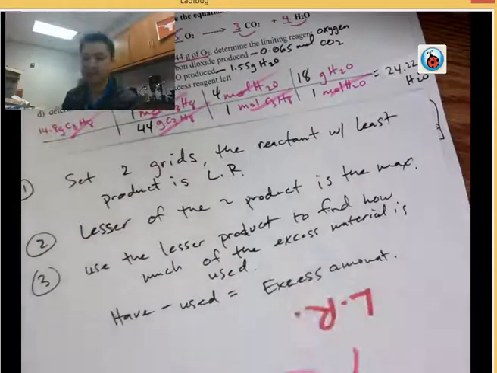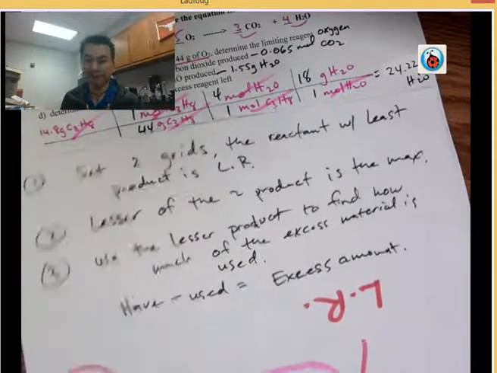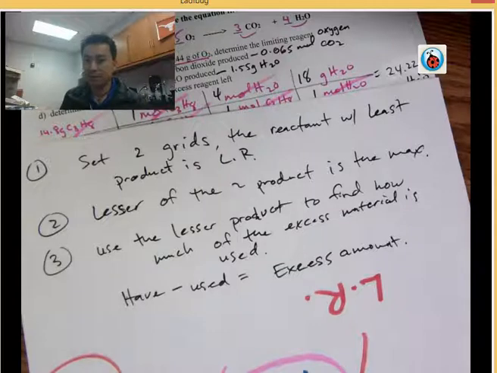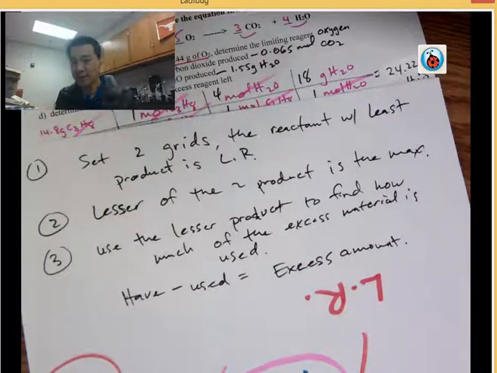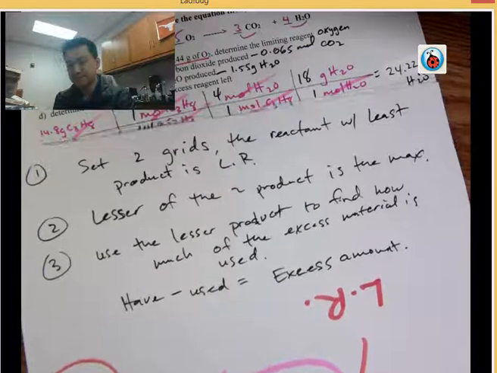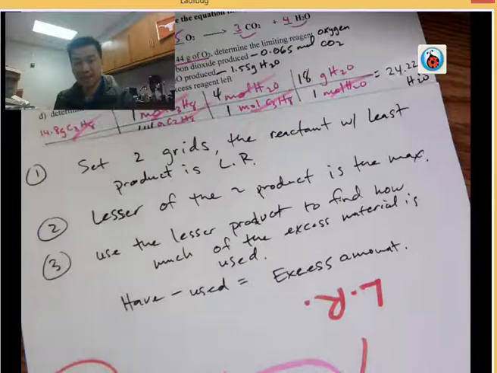So the concept is basically that. Set up 2 grids, grams, mole, grams. The reactant that produces the least product is the limiting reagent. The least product is the maximum that can be made. So use that amount to figure out how much you use of the other substance, and then subtract to find your excess amount. That is it.